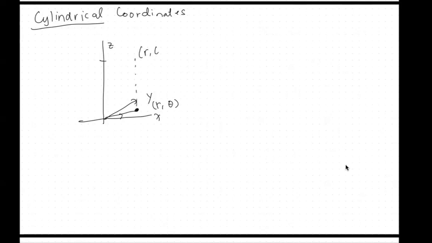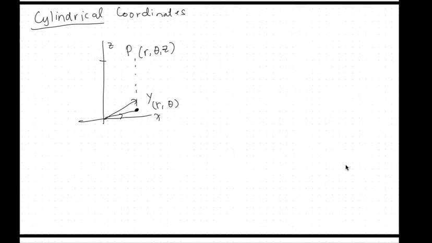note that if this is your x, y, z plane, then our point here in the xy plane can be represented as r, theta. Then in cylindrical coordinates, you have another variable. It's the z. It's the same z as in xyz coordinates.